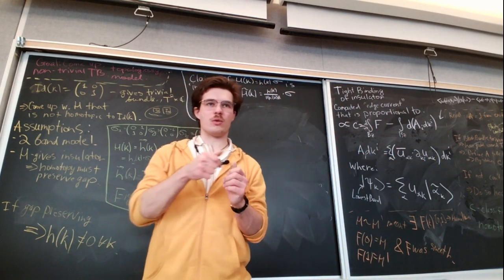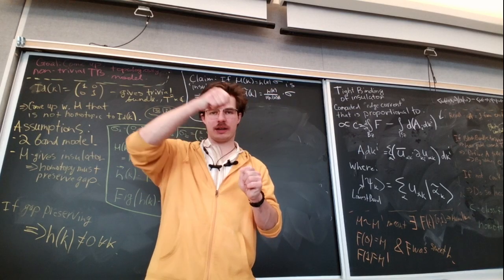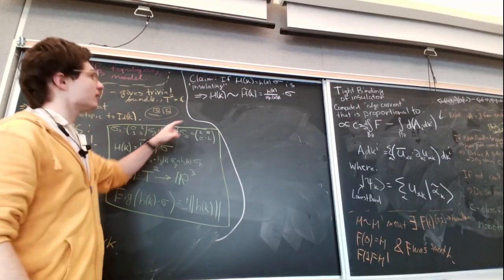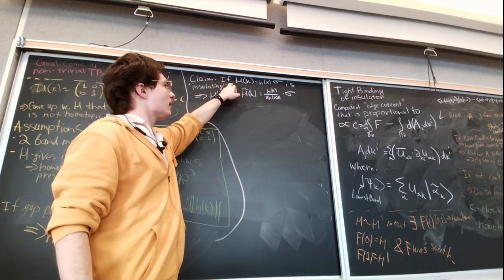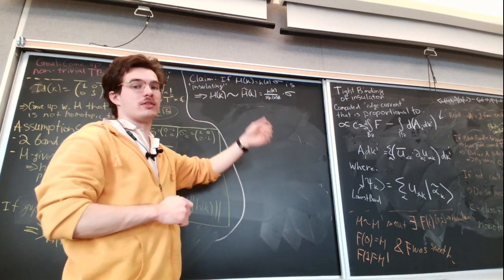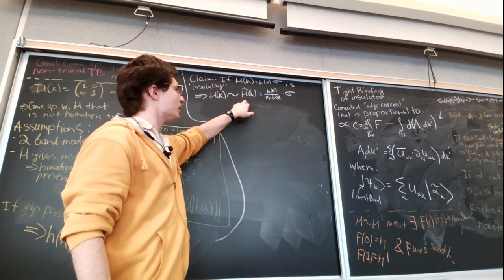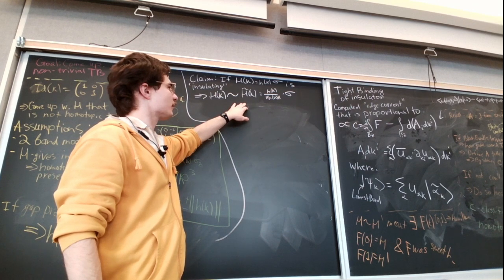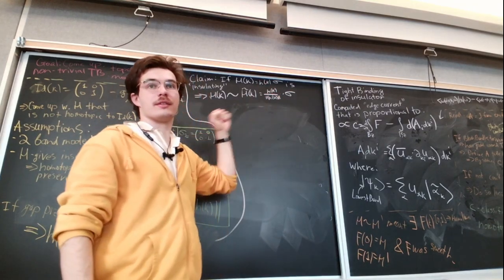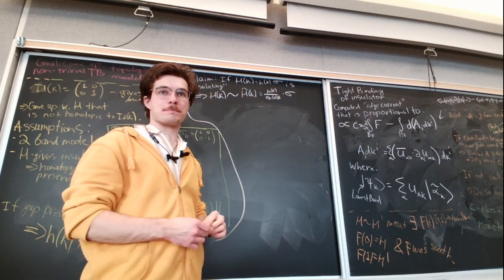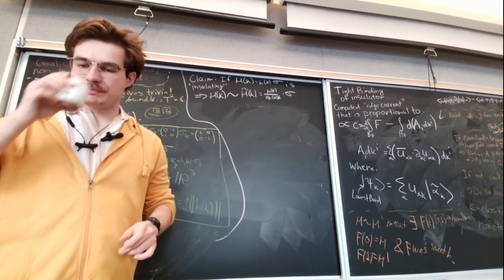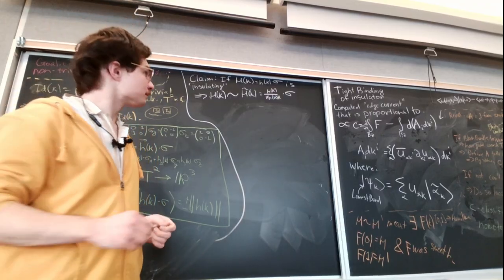So there's a way to interpolate with some curve between H and H prime. And I'm telling you that if I have a Hamiltonian that has a gap, then I can always smoothly deform it into a Hamiltonian that is defined by some unit vector h of k. Do you see what the claim is about?